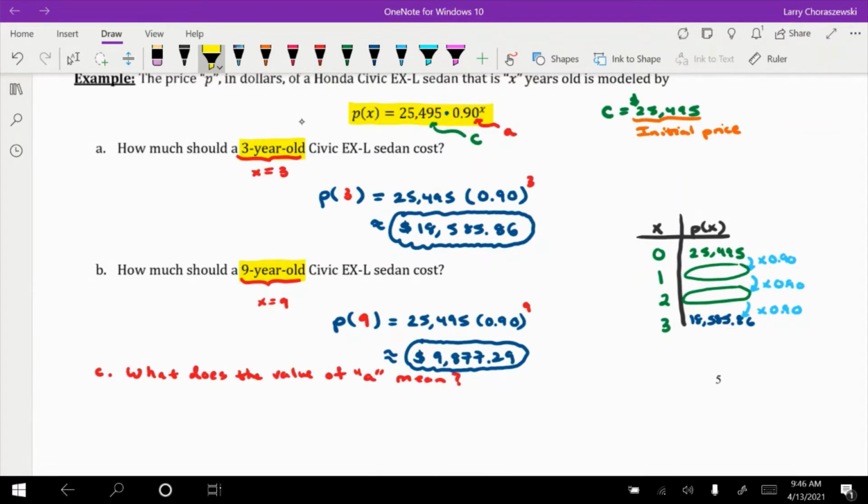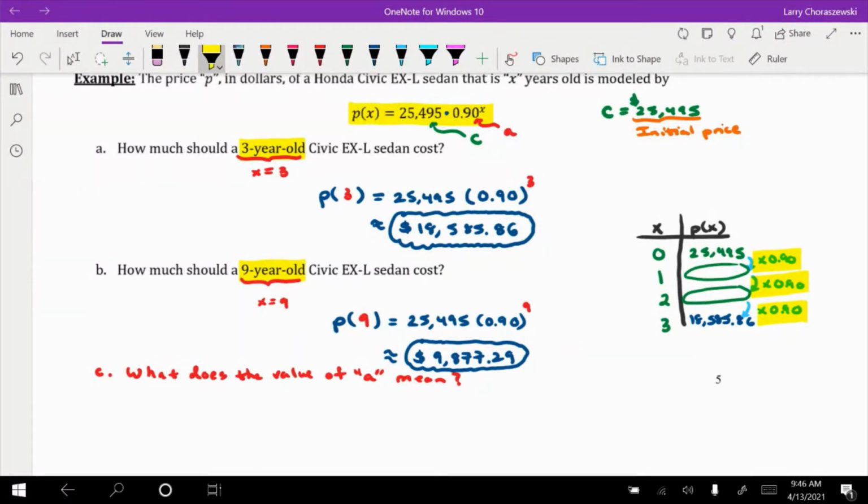So we start out with the initial price of $25,495. After 1 year, the price is now 90% of that. After 2 years, the price is now 90% of what it was after 1 year. For 3 years, the price is now 90% of what it was after 2 years.